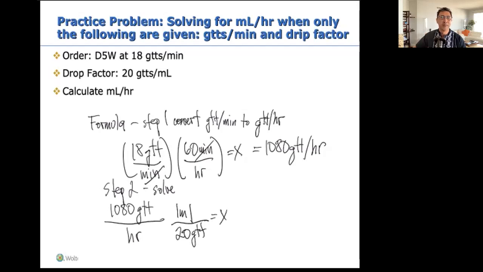Cross off my drips. Do some simple math there, 1080 over 20, which will give me 54 mLs per hour. So for this specific question, I will be setting the IV pump at 54 mLs per hour.